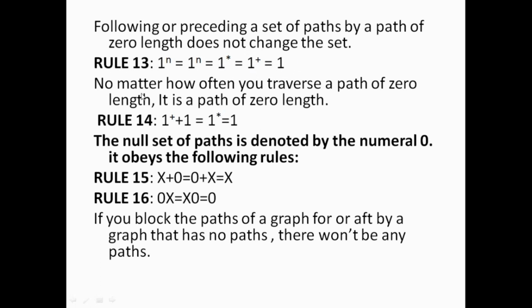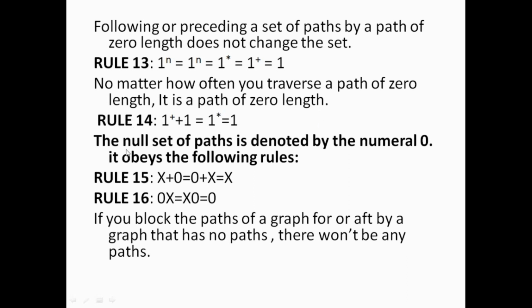No matter how often you travel a path of 0 length, you will get 1 only. A path of 0 length is nothing but a to the power of 0, which equals 1. So 1 plus is 1 star, which equals 1.